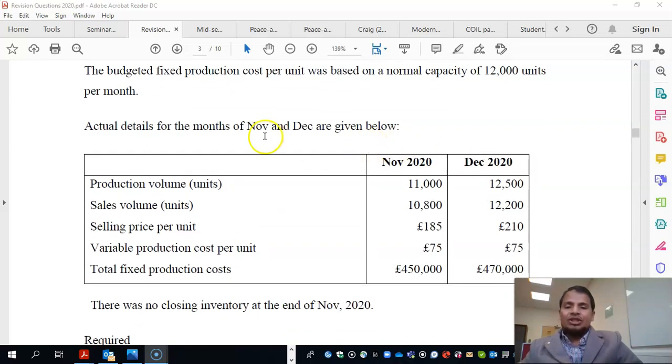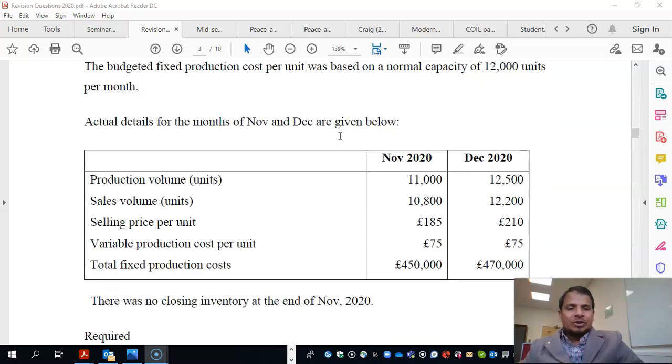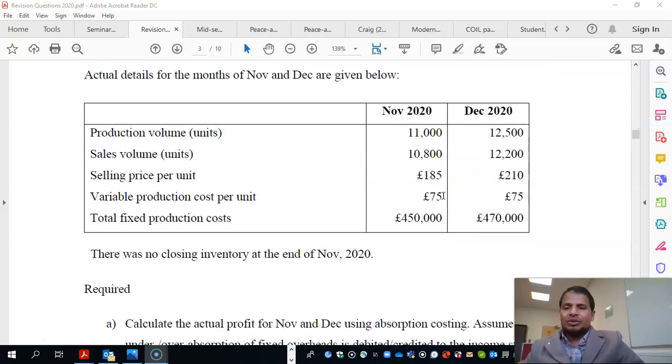Actual data relating to November and December 2020 are given below. So production volume in units, actually we produced 11,000 in November and 12,500 in December. Sales volume 10,800 and 12,200 respectively in the two different months.